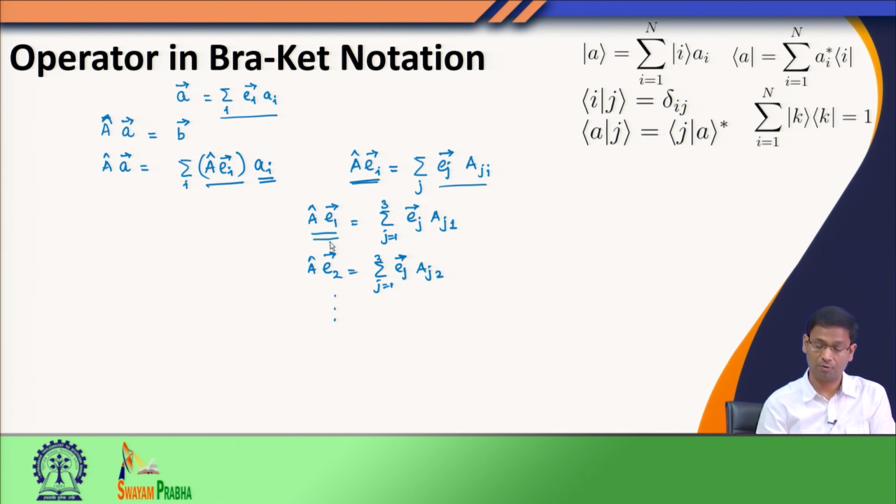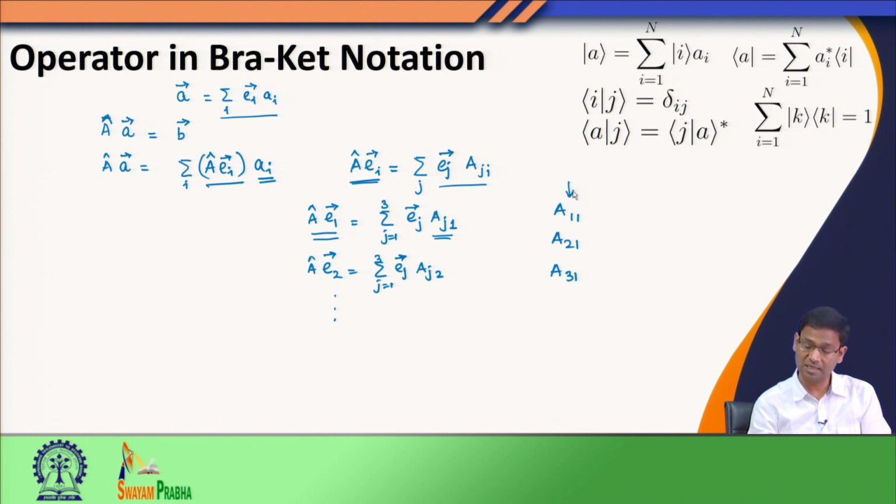So, let us look at what happens here with A of e_1. When operator A acts on this unit vector e_1, I see the unit vectors e_j and then some coefficients. How many are there? There are 3 in this case. So, for example, when A acts on e_1, I need this A_j1, that means j is 1. So, A_11, A_21, A_31.